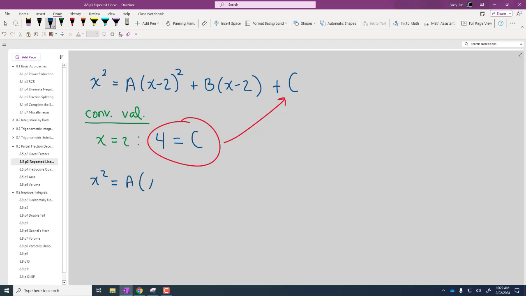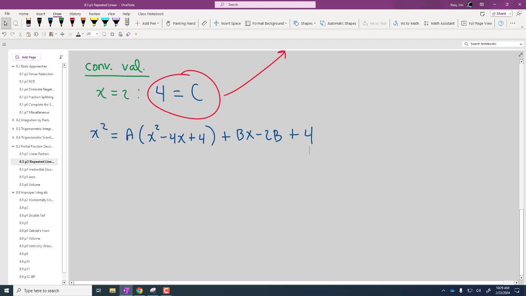So this is going to be x squared minus 4x plus 4 plus bx minus 2b plus 4. And so what we would want to do is move the 4 to the left, because there's no unknown with that 4, so we're going to move it to the left.